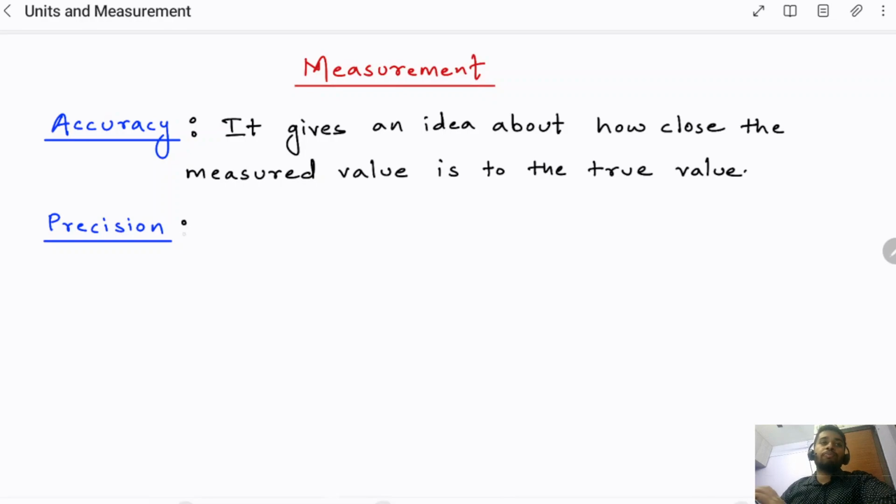The precision tells us to what degree or what resolution or to what limit the physical quantity has been measured. To truly understand what exactly precision is, we have to take an example, but let me first write the definition here.